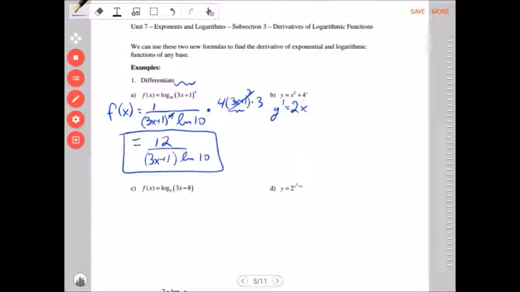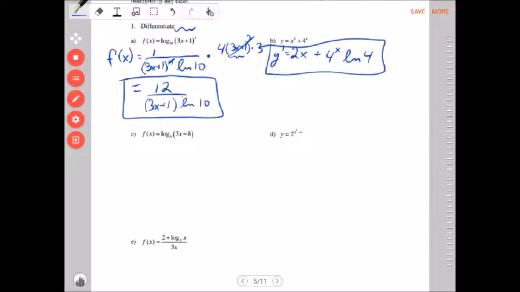But now the derivative of 4 to the x is, pardon me, so 2x, and the derivative of 4 to the x is just 4 to the x, and then ln 4. Sorry, whew, just about messed that one up.